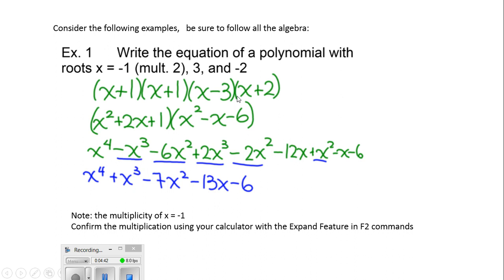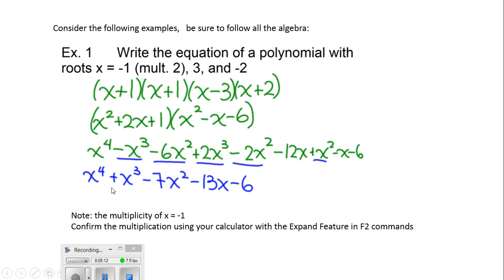Along with the solutions of 3 and -2 and the associated factors of x minus 3 and x plus 2, whose product is x squared minus x minus 6. This trinomial times the trinomial, which you could ask your calculator to do, I would have no opposition to that, would give this polynomial simplified down to an x to the fourth, what we call a fourth power polynomial.